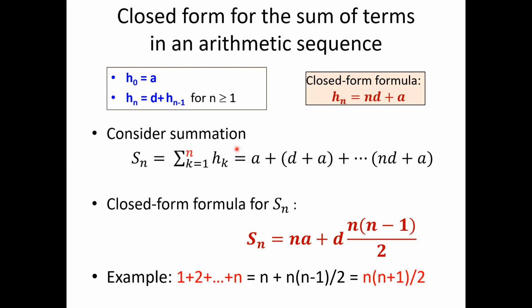I think I'm off already here, because if hn is nd plus a, then hk with k equal 1 would be d plus a. So I would be already here and not here. So here I'm summing from k equals 0. So this is where I have a typo.